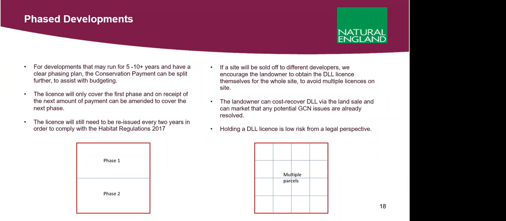So we've discussed this with county councils that often are landholders for large development sites, and they are happy with that low risk of holding a license and progressing as such. So we think that's a really good way of streamlining DLL for large phased sites.